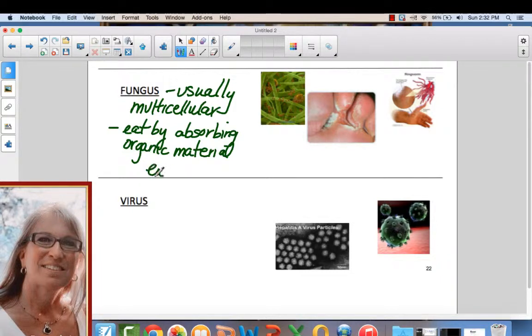So some examples, athlete's foot. Nice picture of that right there in the middle. Also, ringworm.